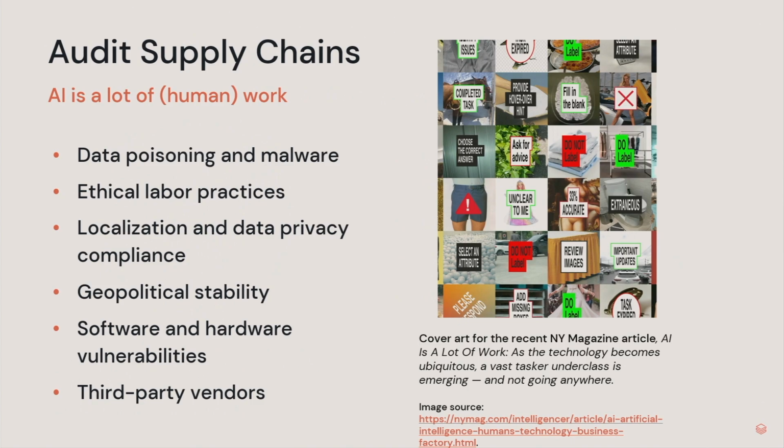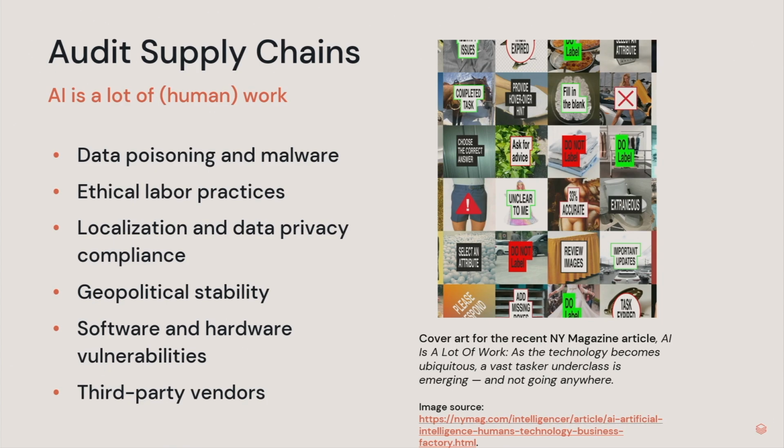Okay, so these AI systems that we're making these days have large supply chains. And that would be one of the first things to start thinking about. There's many different aspects of risk in the supply chain.